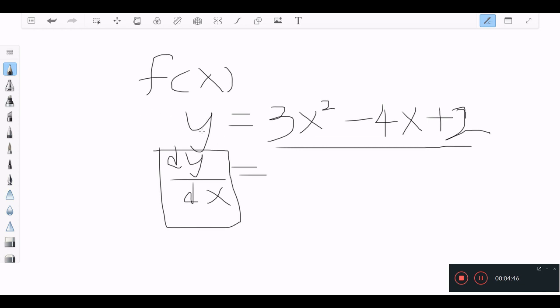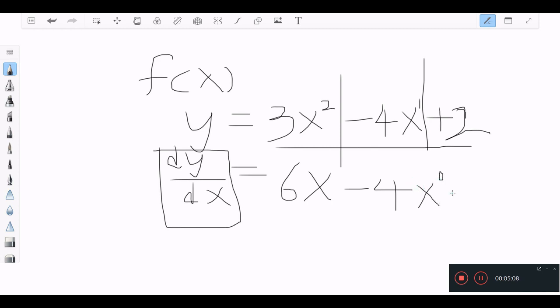3x squared, we just do it separately. For 3x squared, bring the 2 to the front, you get 6x. Minus 4x is power of 1, so you bring it to the front and get minus 4, with x to the power of 0.